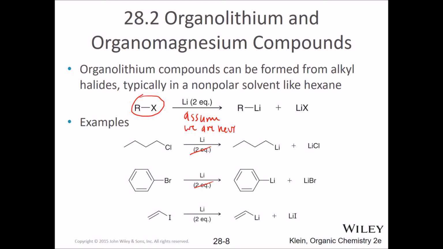We are never going to add 1 equivalent. Why would we? Lithium, it's going to take 2 equivalents of it, is going to give you essentially a really good nucleophile, right?